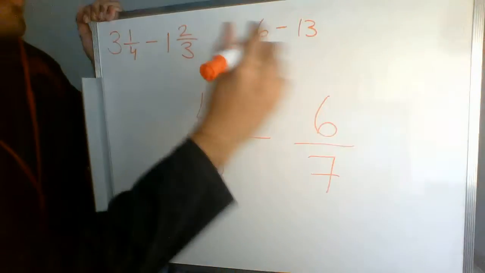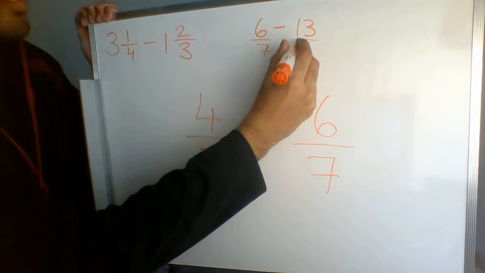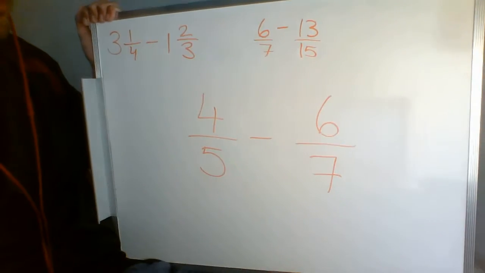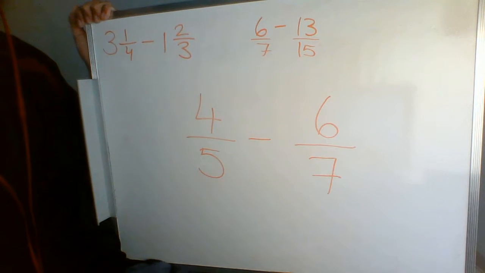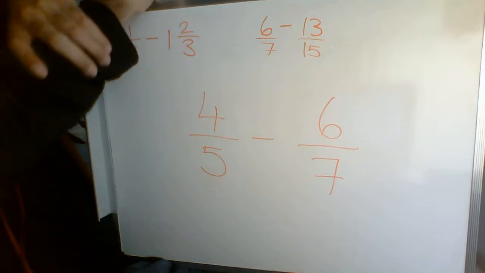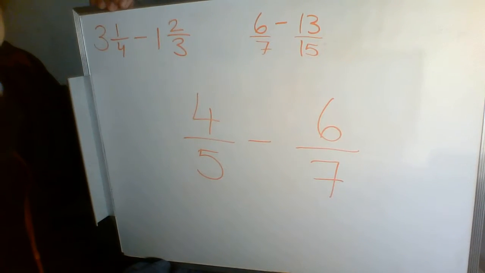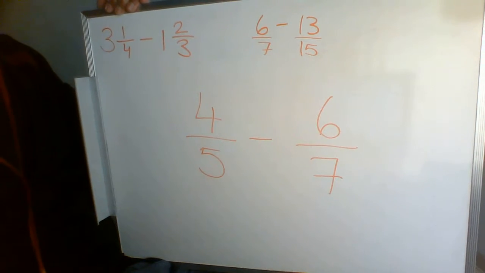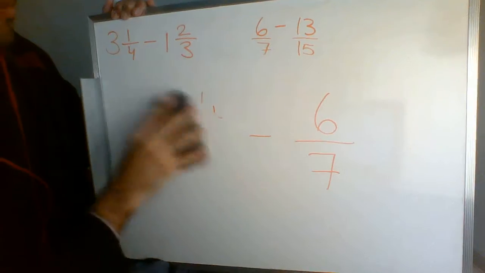But for fractions, if I now made it 6/7 minus 13/15, now it's not nearly as clear whether it's going to be a positive number or a negative number, right? So with fractions, it ends up being a lot more work for us to actually figure out if we need to do that borrowing thing that we do when we subtract whole numbers.